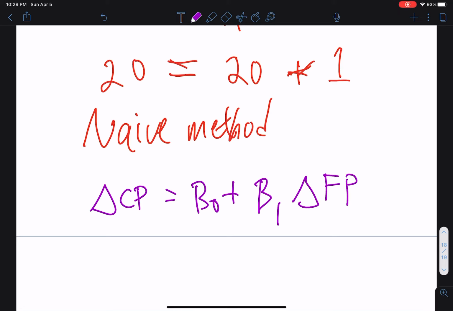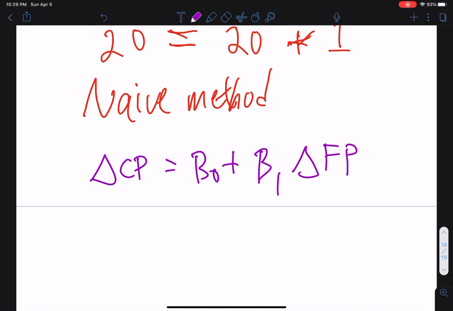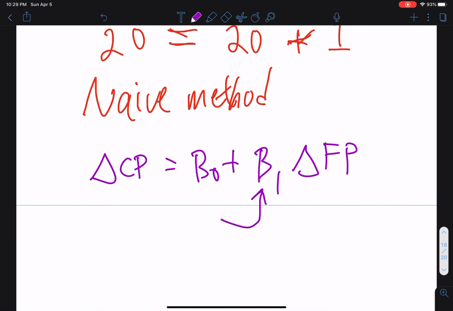It ends up that this regression output could be a good approximation for the optimal hedge ratio. This beta 1 estimate, which gets spit out by the regression software, would be a good candidate for being the optimal hedge ratio.